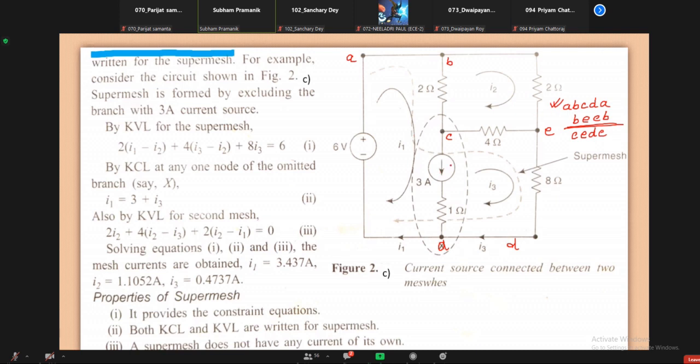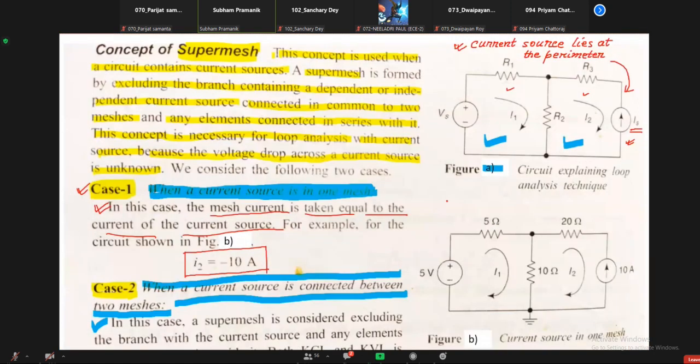But here you can see in between points C and D there is a current source, a branch that contains a current source with a series circuit element. So that actually satisfies this condition, case 2.